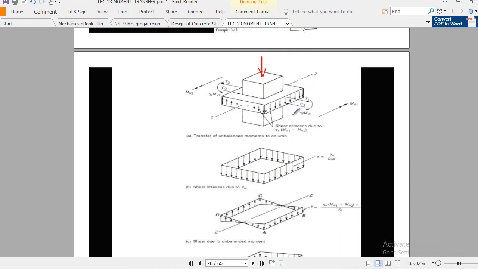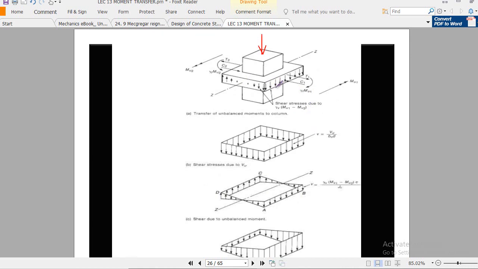But due to this moment, it is important that the unbalanced moment is divided into MUF, or MUB, and MUV. So we divide the total unbalanced moment into two parts.